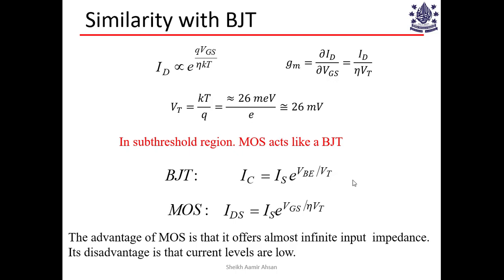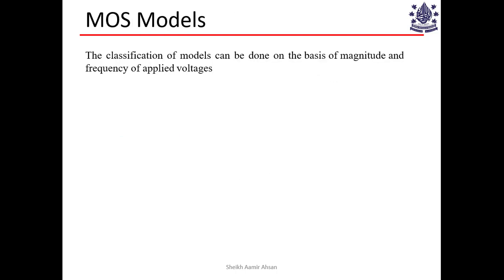Input means the input port, because gate to source is the input port and drain to source is the output port. So on the input side you have a very high impedance, which is a good thing for your circuit applications.